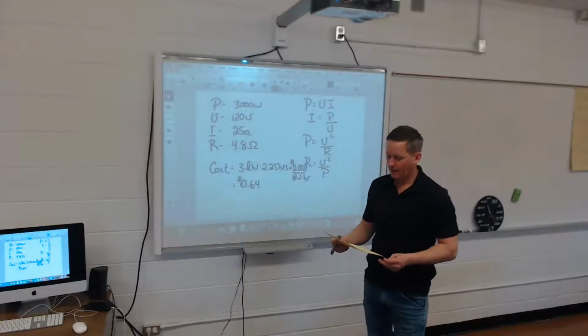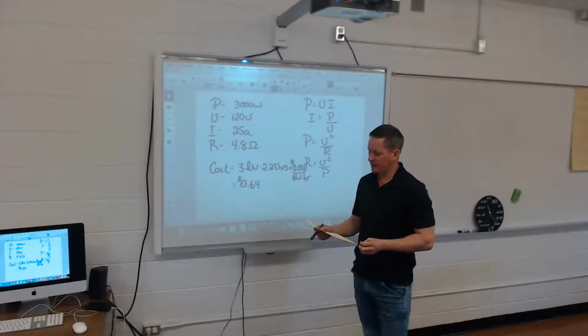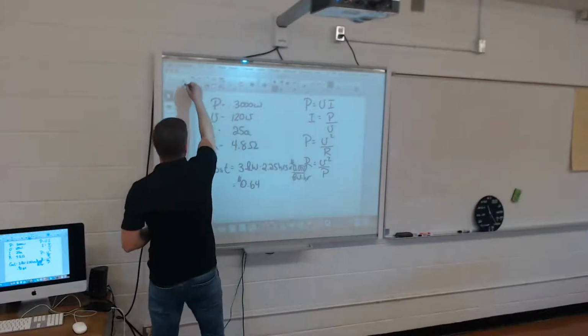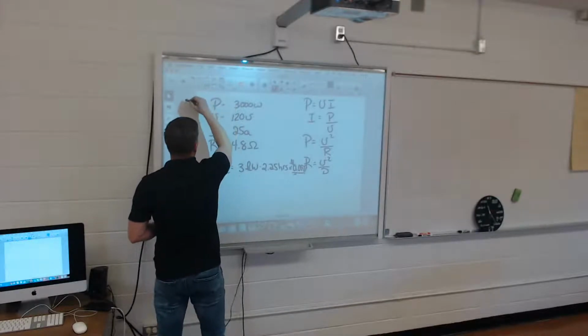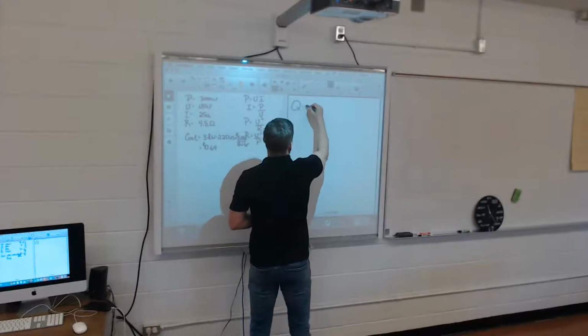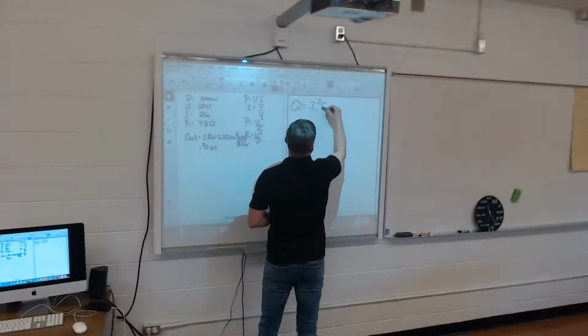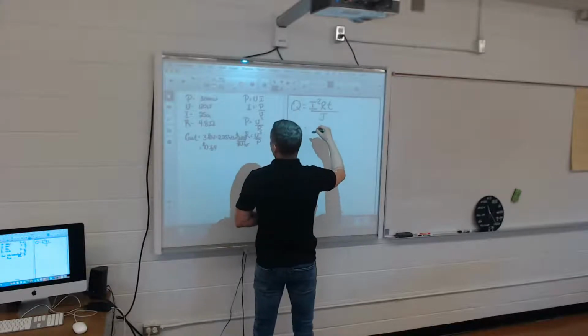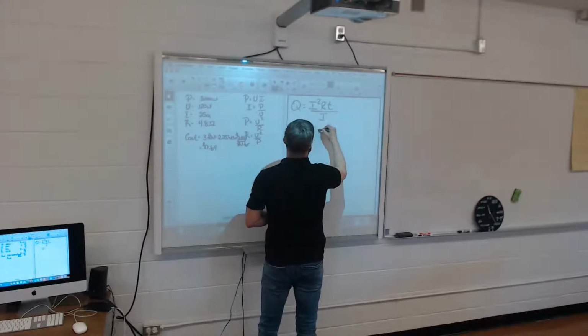All right. Then it says how many kilocalories of heat are produced during the 2.25 hours of operation. Okay, so I need my Q. I'm going to use my I, 25 squared.